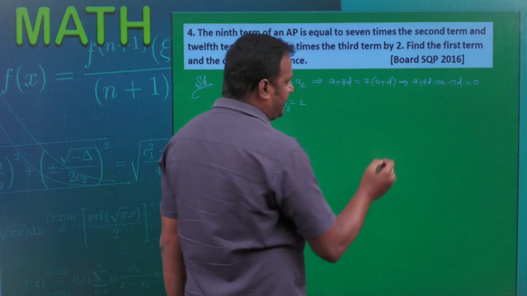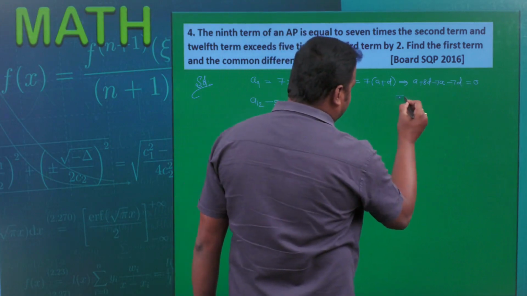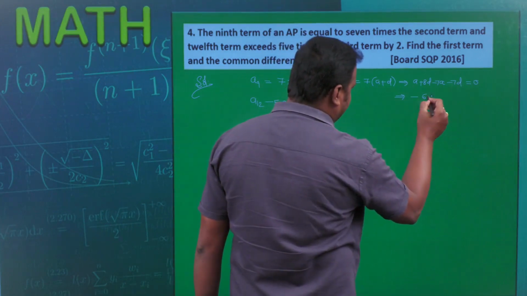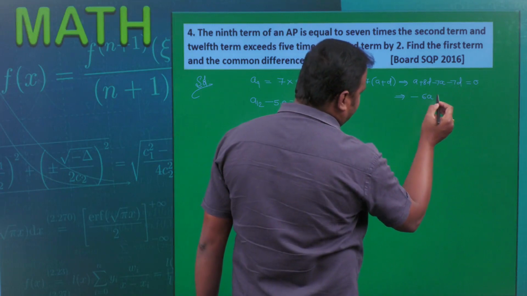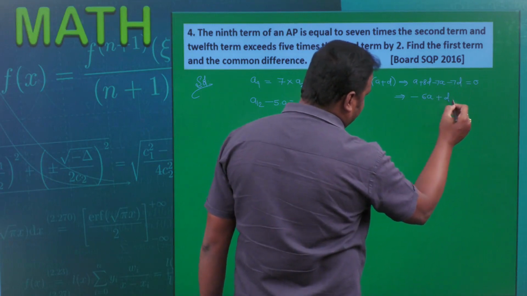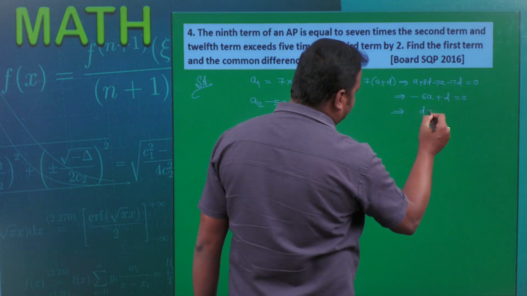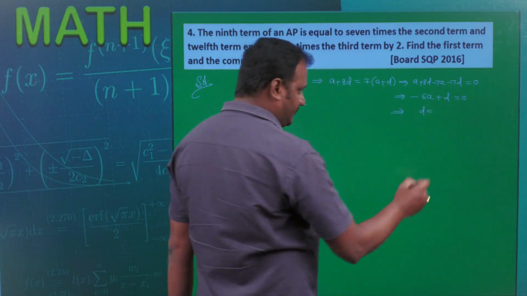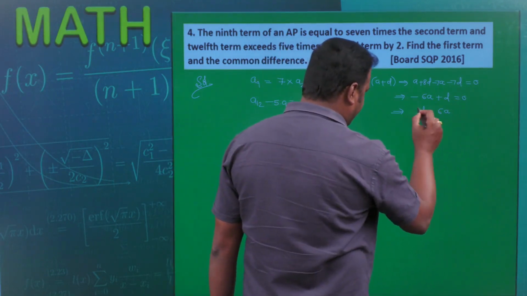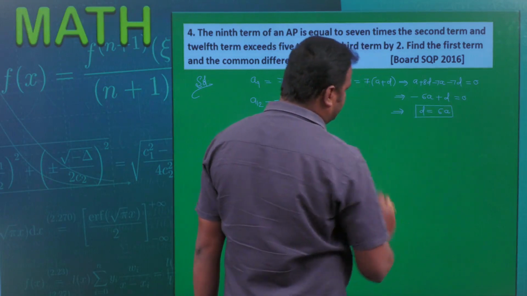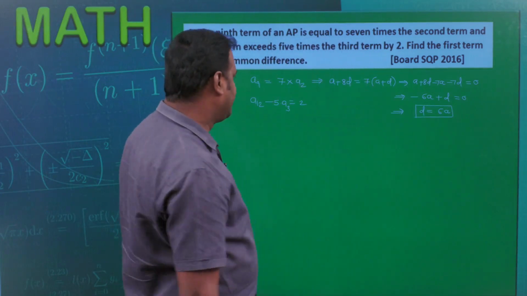So totally A minus 7A is minus 6A, plus 8D minus 7D is plus D, equal to 0. From this, the value of D is equal to 6A. The common difference is equal to 6 times the first term.